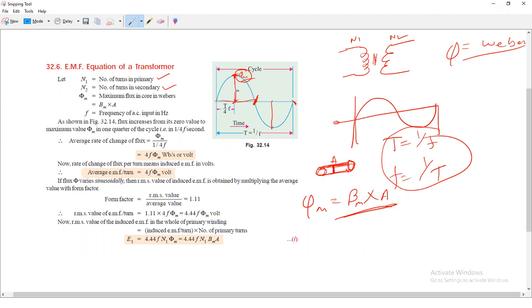Phi m is the maximum flux in the core, in Weber, and the maximum flux is equal to maximum flux density into area. And f is the frequency.